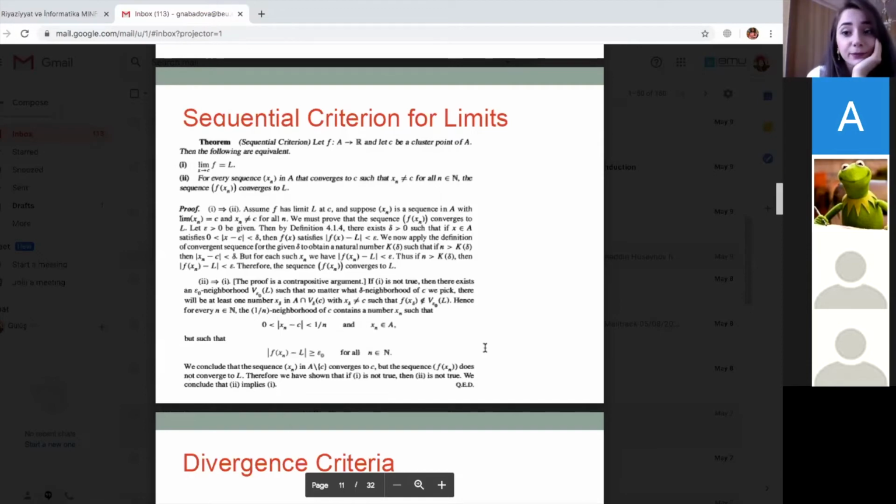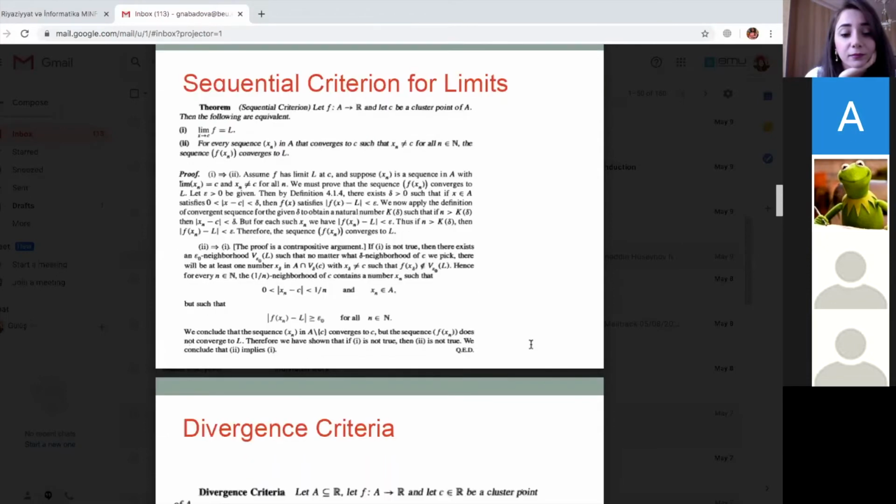Yes, Leila, please. Sequential criterion for limits. Let f be a function from A to R, and c is a cluster point of A. Then the following are equivalent.